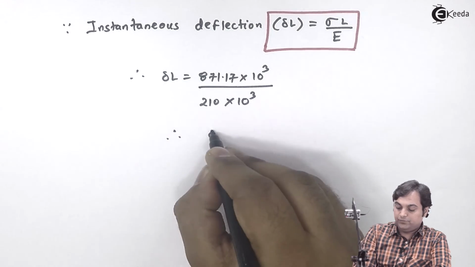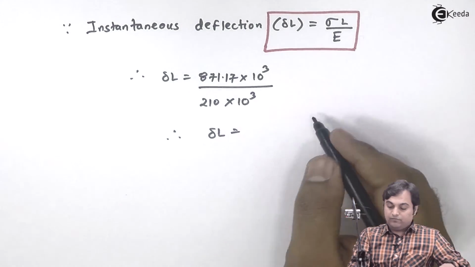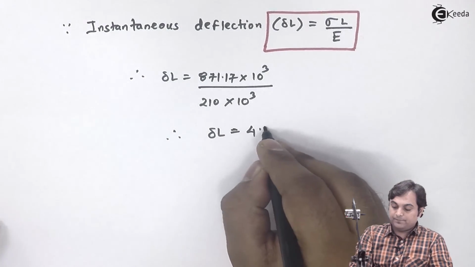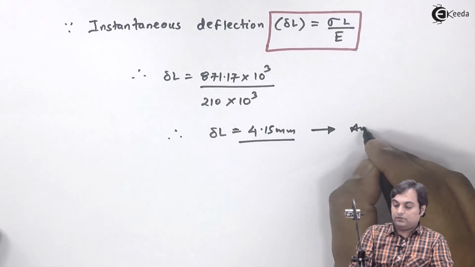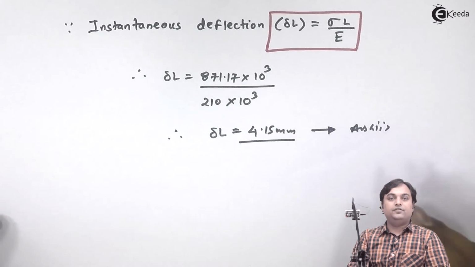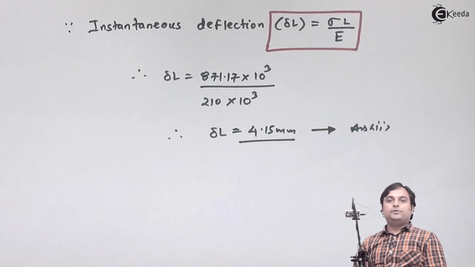If I calculate numerator divided by denominator, I will get my answer as 4.15 mm. That is the second answer. Hence we have calculated the value of stress and deflection, and with this the problem is completed.